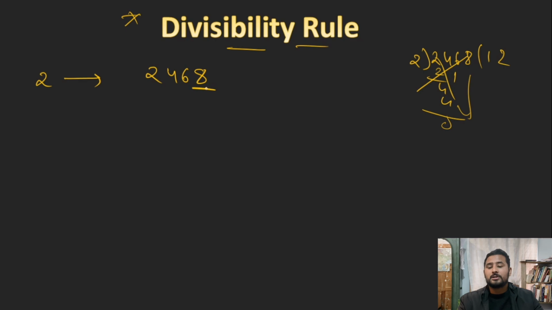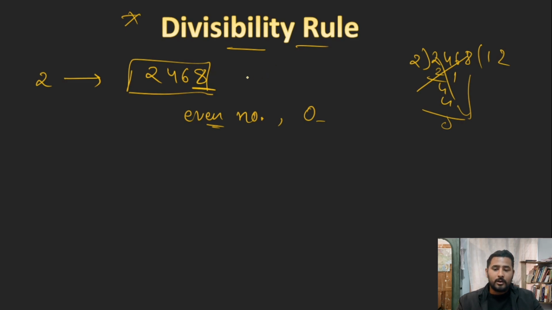If the last digit is an even number or 0, such as 2, 4, 6, 8 and also 0, then the whole number is divisible by 2.